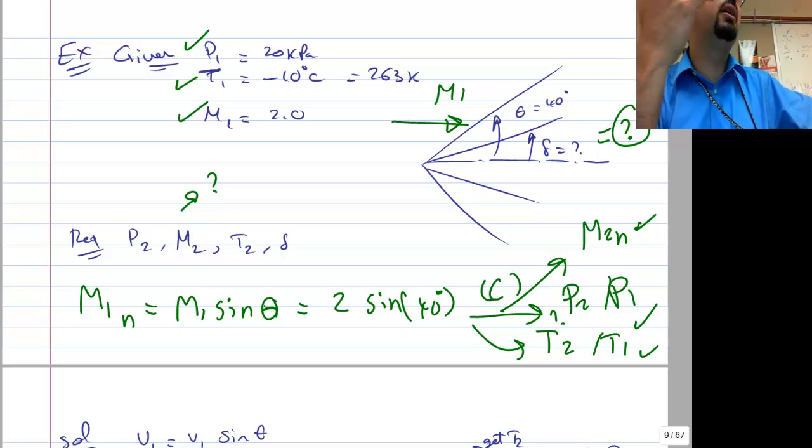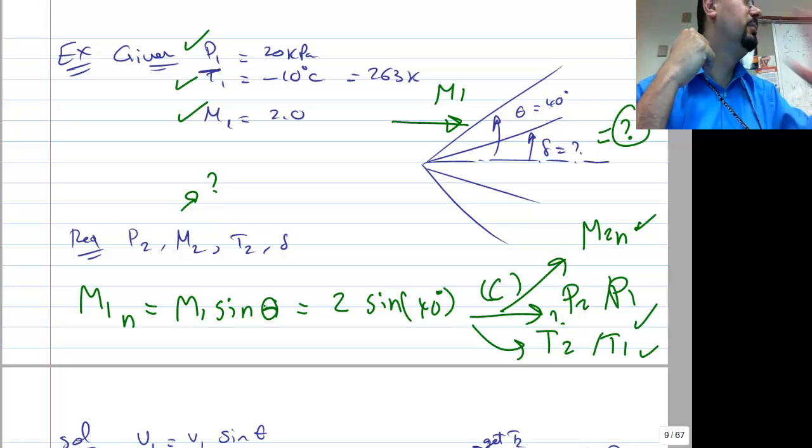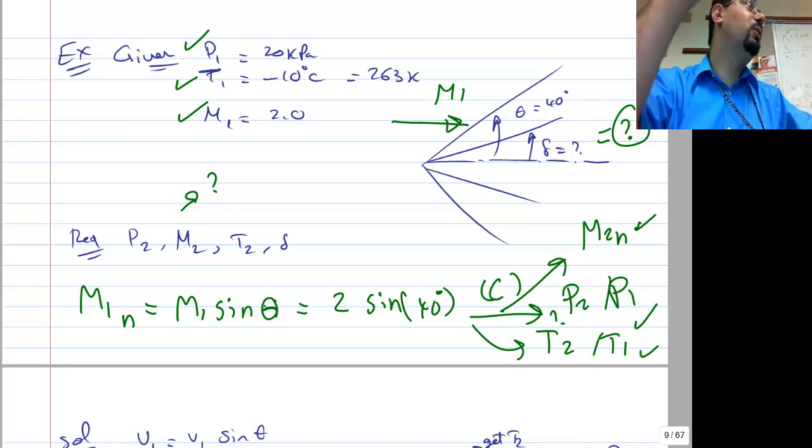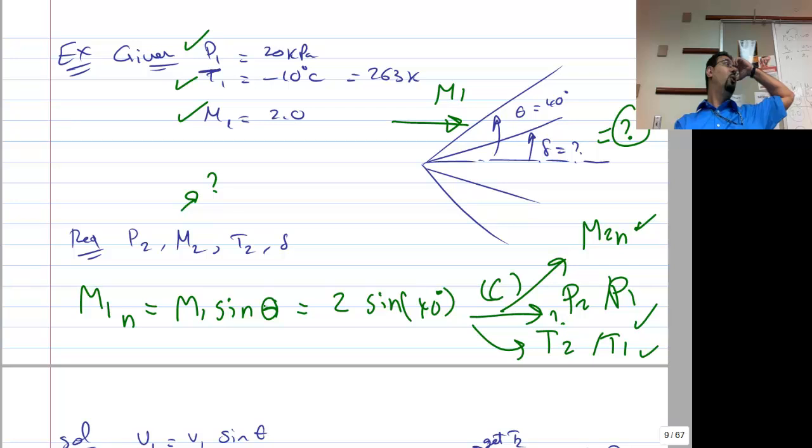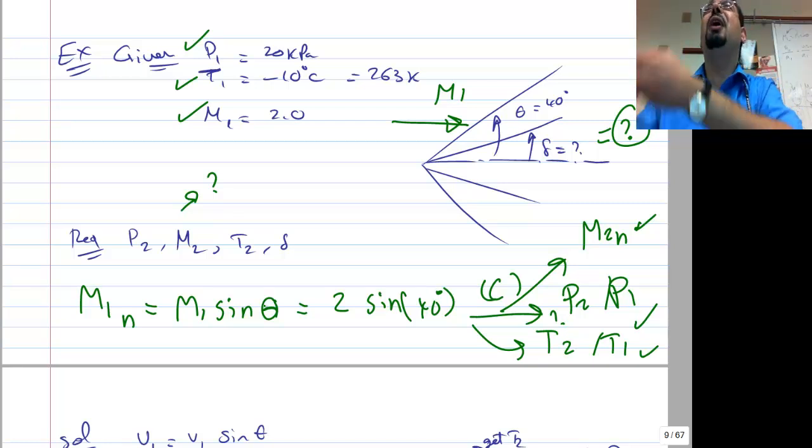We need to calculate delta later. Which is the tangential squared plus the normal squared. Forget about all the velocity components. Give me M2 from something else. Your temperature ratio, you had a free homework problem. The temperature ratio, T2 over T1, doesn't change. T naught 2 over T naught 1 does not change. And therefore you have T naught 2 and you have T2.